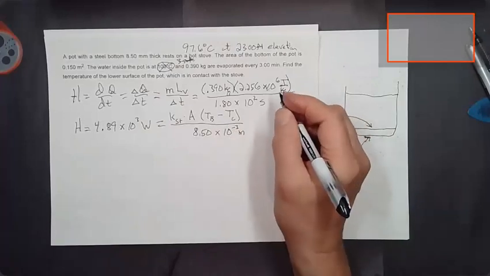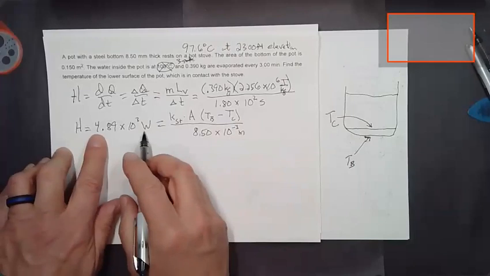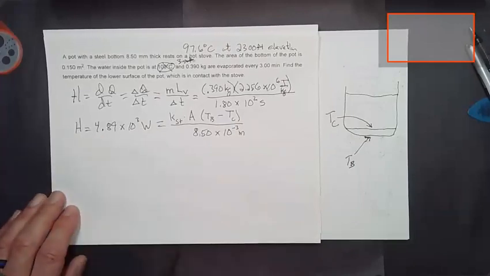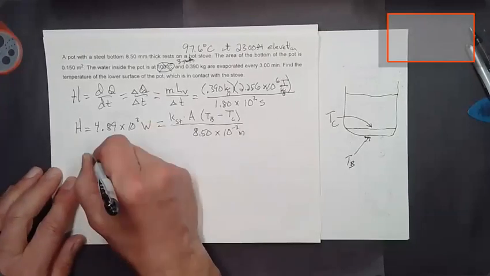All right, let's go ahead and plug in all the numbers that we have here. Oh, and we know the heat flow, it's that much. So let's see. Yeah, I'm going to start multiplying these things out.